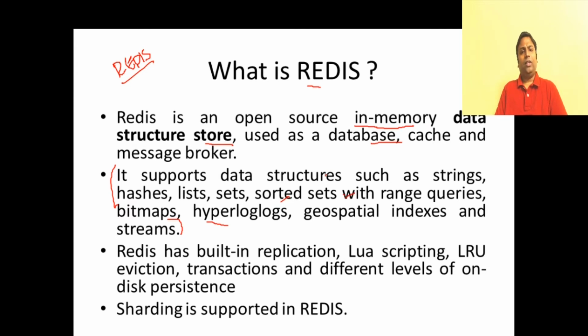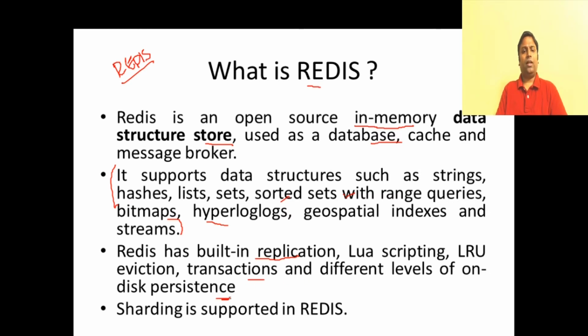And what are the advantages of Redis? It has inbuilt replication. We have seen a lot on replication in our previous classes with MongoDB. It supports asynchronous master-slave replication, and it also has other functionalities. It has transaction management support, LRU eviction of keys, and on-disk persistence.